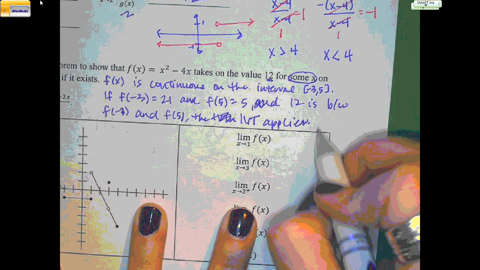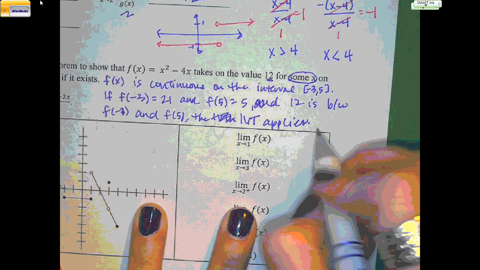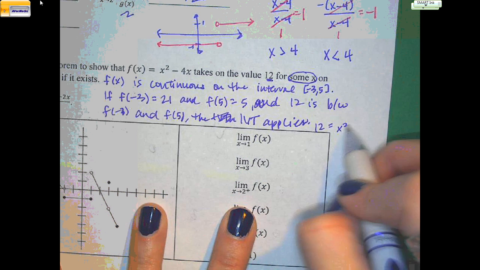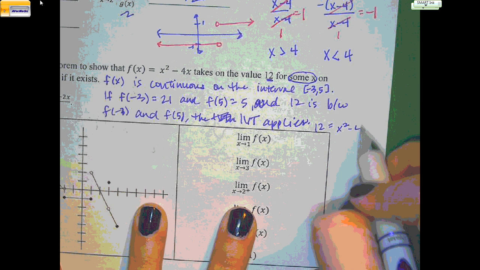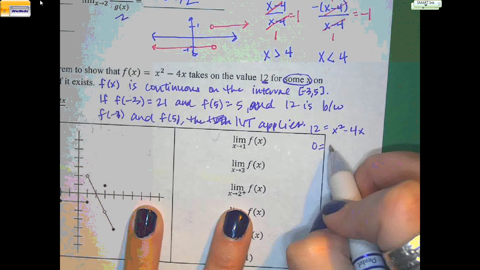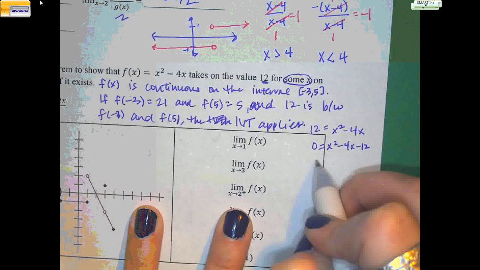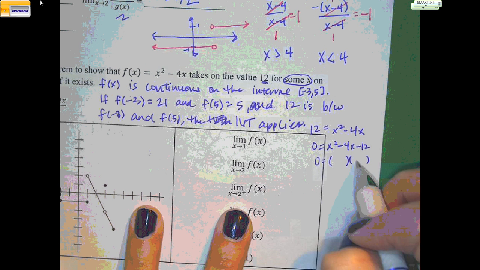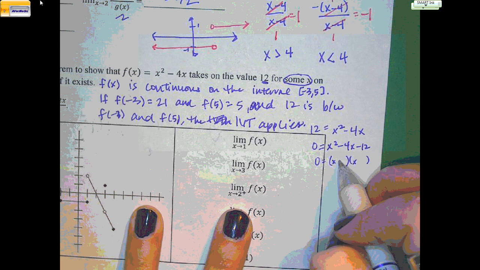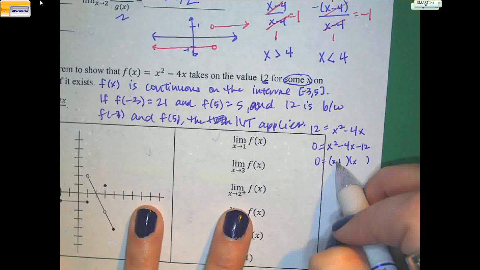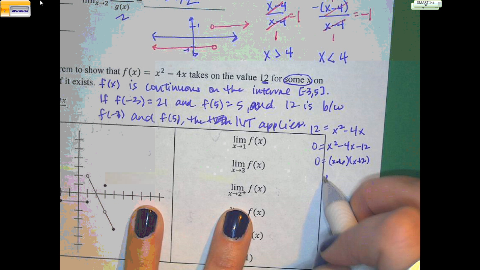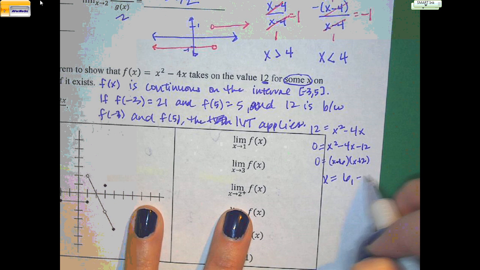So if our answer was 12 for the equation, let's just solve for x. It is factorable. Whoops, negative 6, my bad, and positive 2, which means x could be 6 or negative 2.